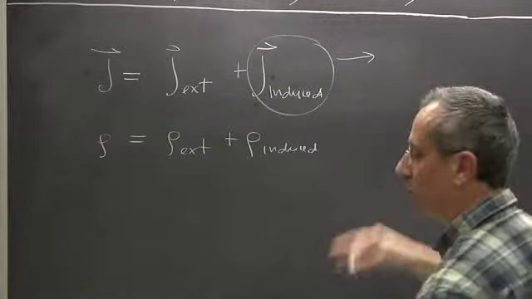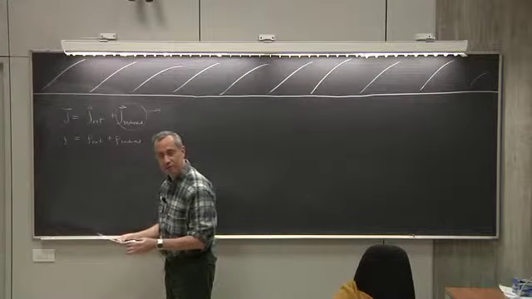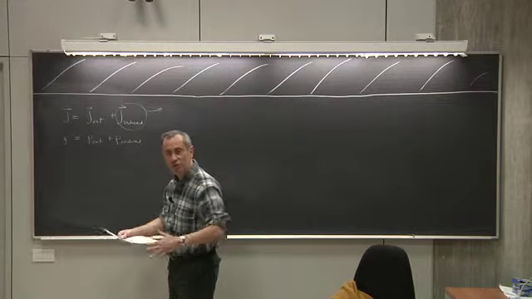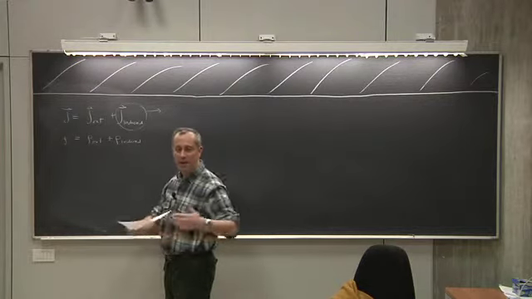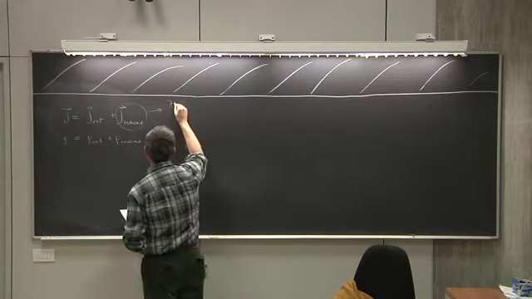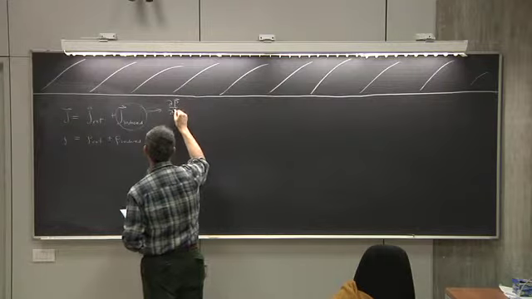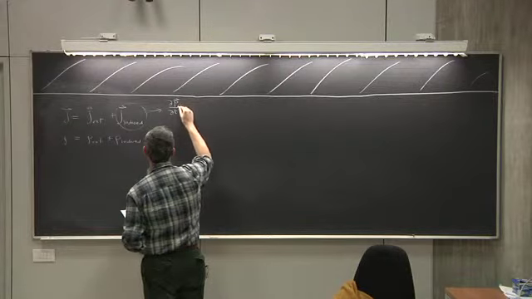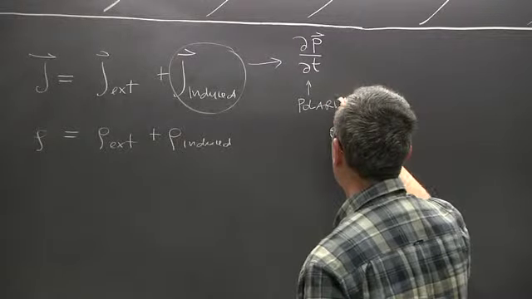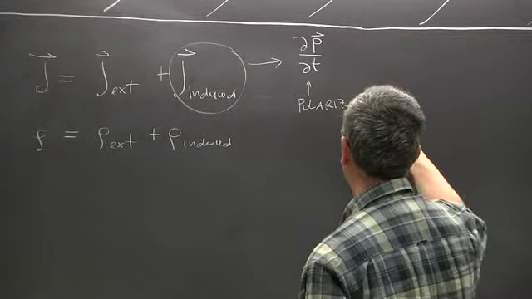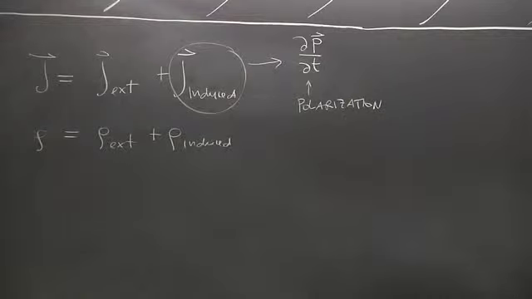The medium is polarized by the external fields, and the time variation of this polarization induces a current. So you have a term that goes as the time variation of this. So this is called the polarization.